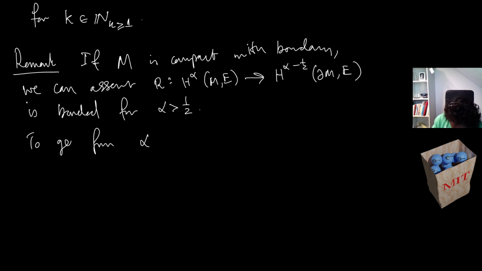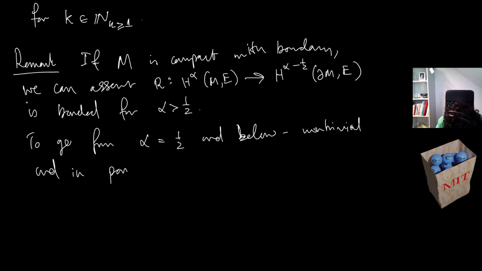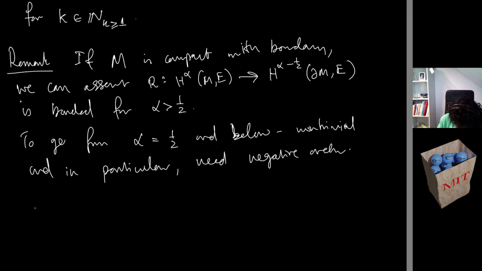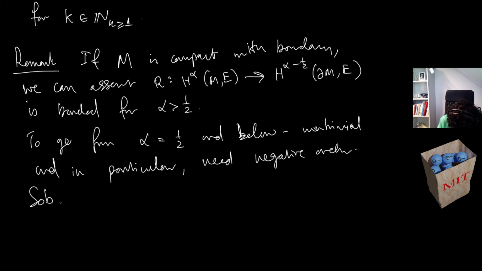So to go from alpha equals a half and below is a bit more non-trivial, and in particular we need negative order Sobolev spaces. Okay, so whatever that means.